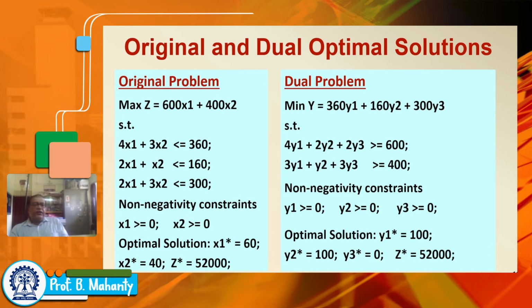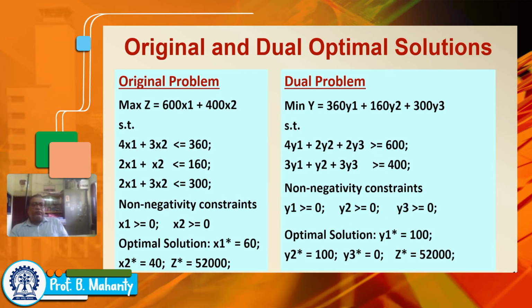And we know very well that for x1 star, the corresponding dual slack is 0. So if x1 has a value, that dual slack has to become 0. If x2 has a value, that dual slack has to become 0. So the dual slack for this constraint is vanishing and the dual slack for this constraint is vanishing.